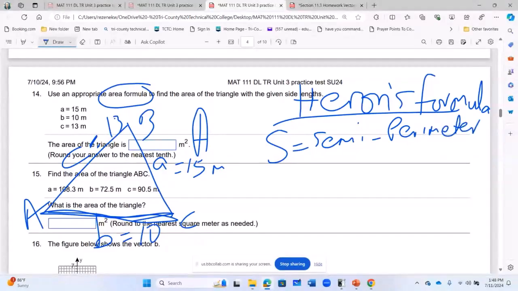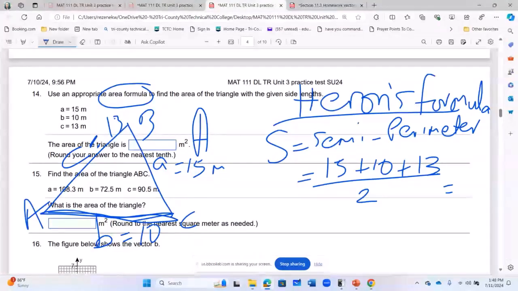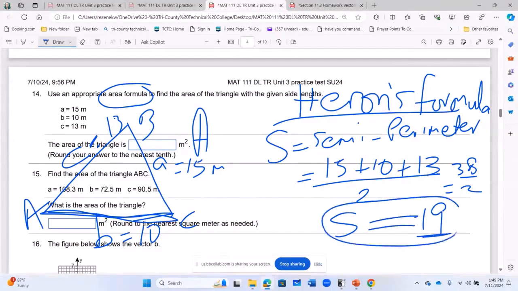So the semi-perimeter will be 15 plus 10 plus 13 divided by 2, semi meaning you're going to divide it by 2. 15 plus 10 is 25. 25 plus 13 is 38. 38 divided by 2 is 19. So our semi-perimeter S is 19.